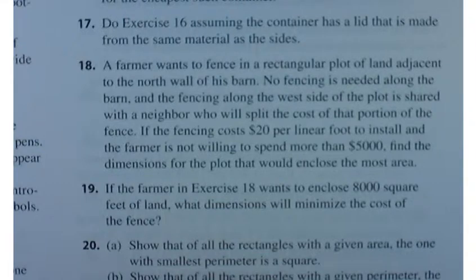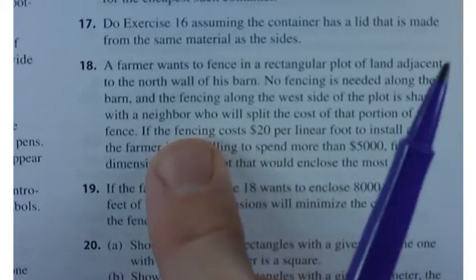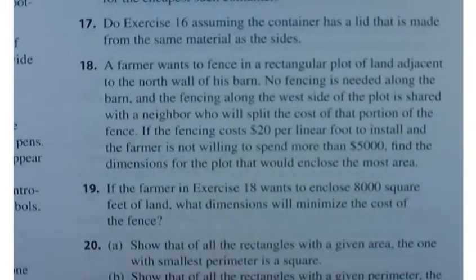If the fencing costs $20 per linear foot to install, and the farmer is not willing to spend more than $5,000, find the dimensions of the plot that would enclose the most area. Like I said, I'm going to ignore the part that says his neighbor is going to split the cost, so that way it'll keep it a little bit simpler. And let's draw ourselves a decent looking picture.